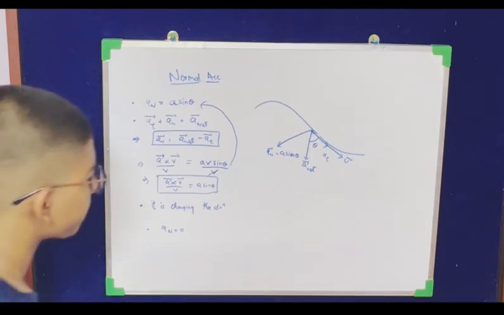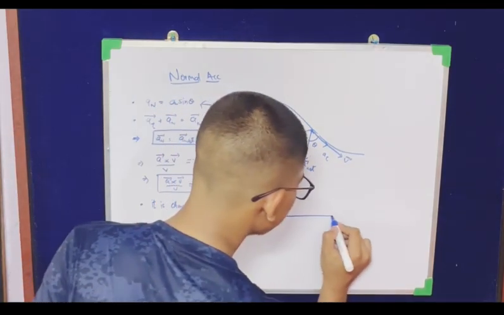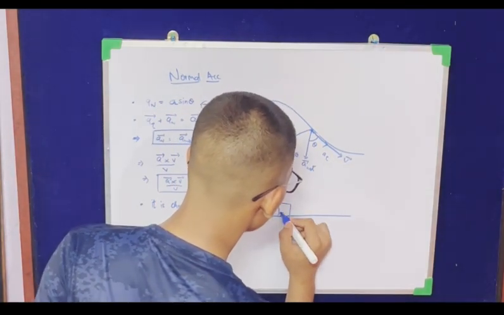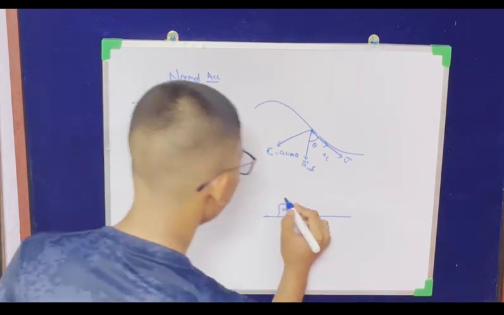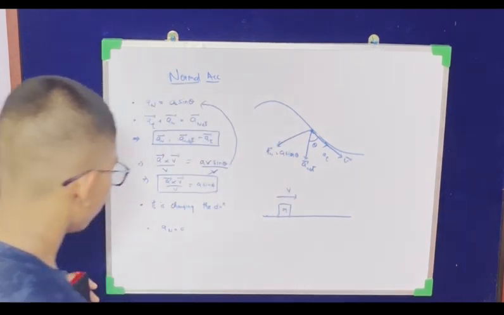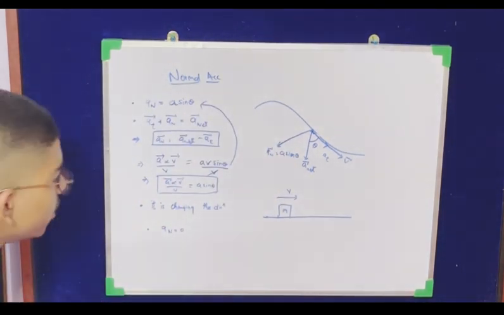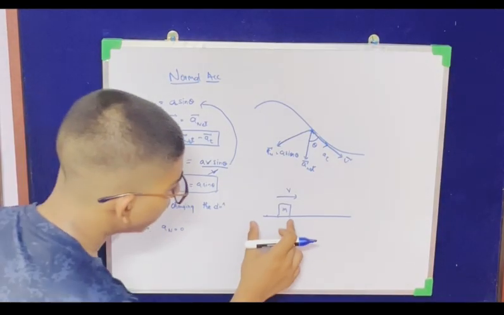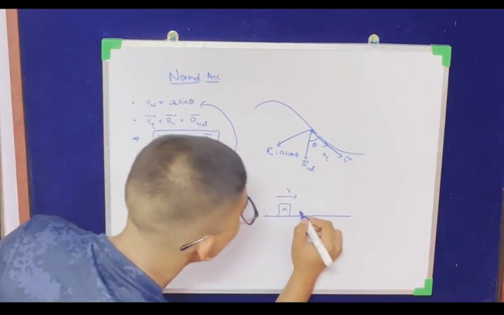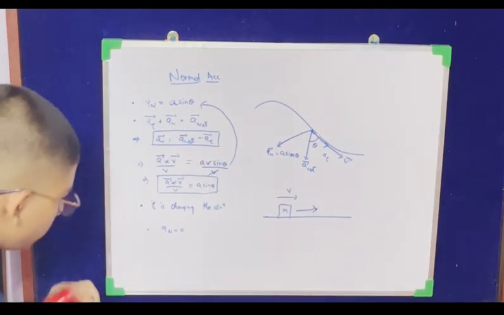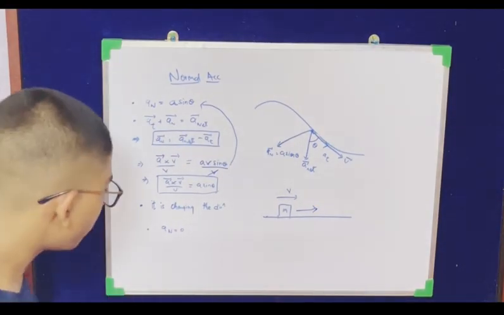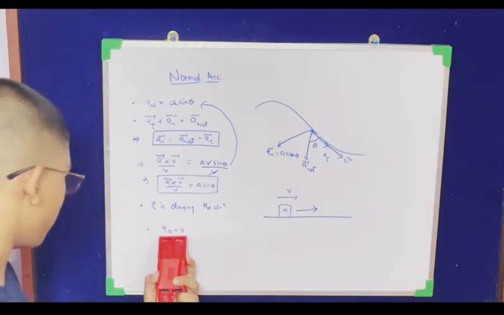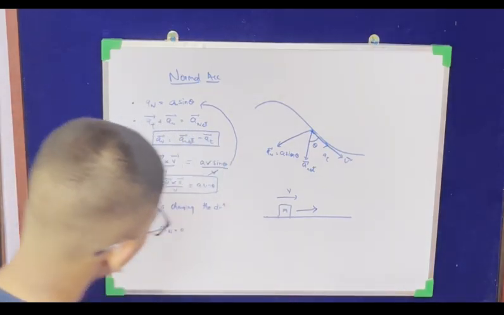Let us consider a case where a block of mass m is moving with a velocity v. In this case no direction is changing, it is moving in this direction, therefore the normal acceleration value is 0.